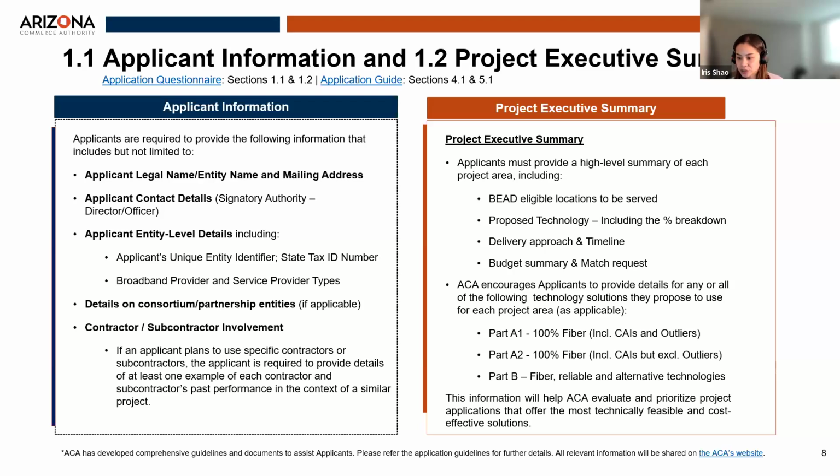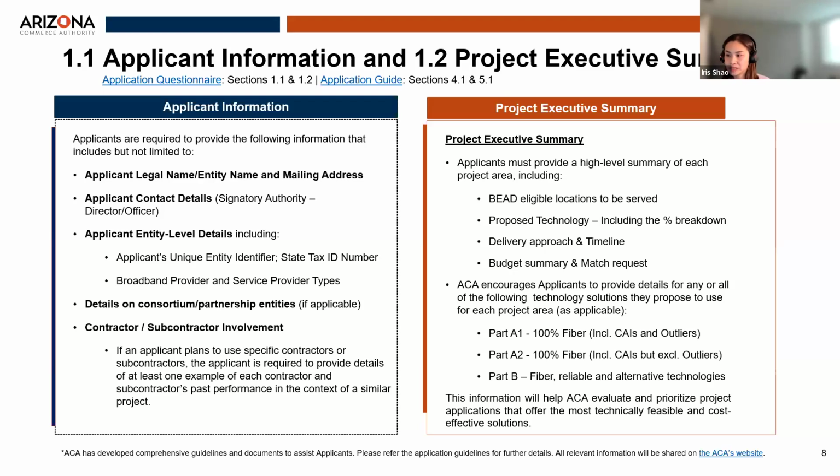And also we'll ask you to provide details of any underlying agreements among your partnership organizations. For any contractors or subcontractors that you will be using in this section, we'll ask you to provide details of at least one example of each contractor and subcontractor's past experience in completing a similar project.